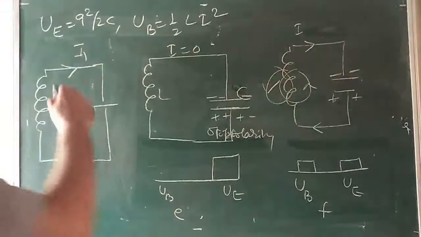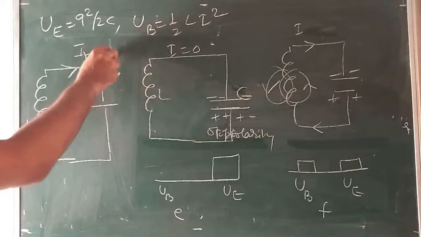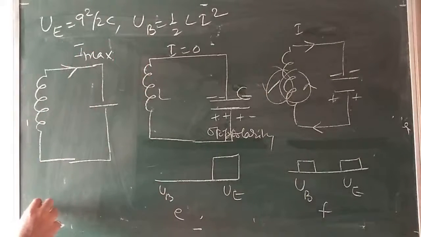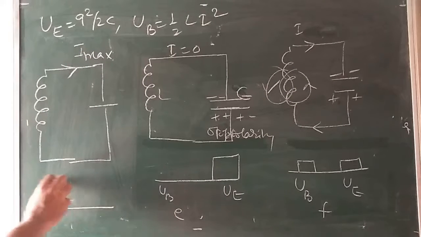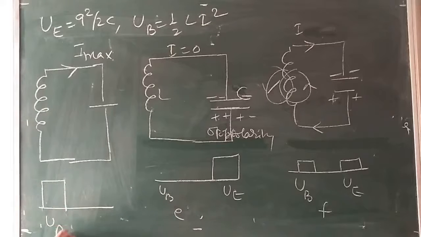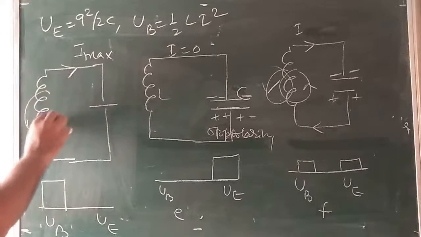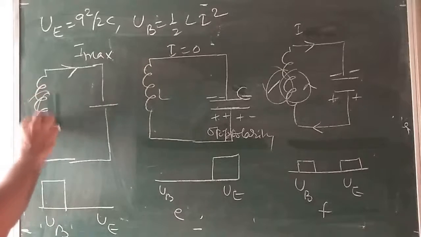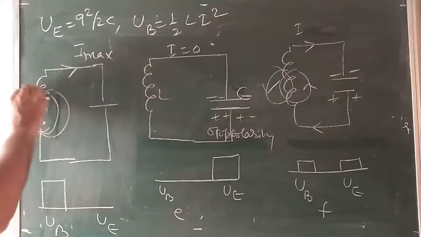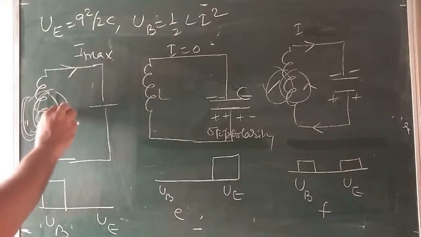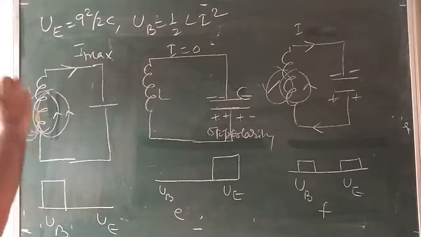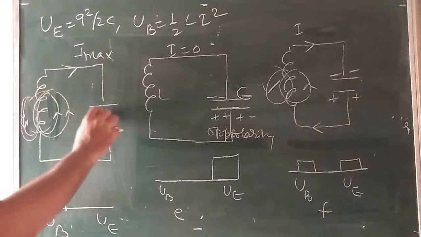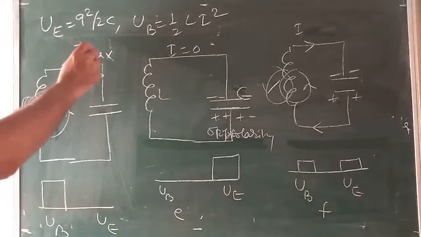In the next stage the current is maximum and the total energy is converted in this manner. Here it is UB and here it is UE, and you draw the magnetic flux changing in this manner. It will be completely discharged. Current is maximum here.